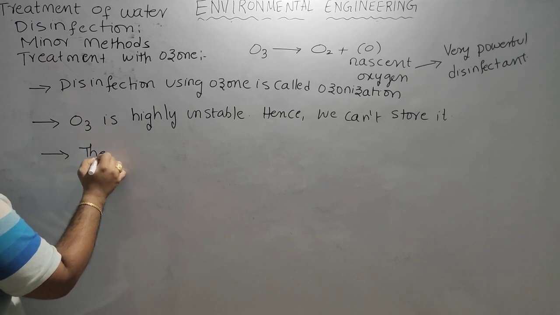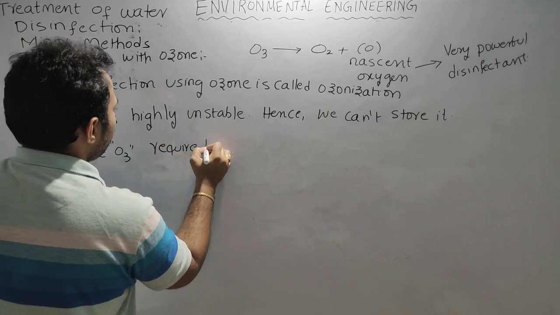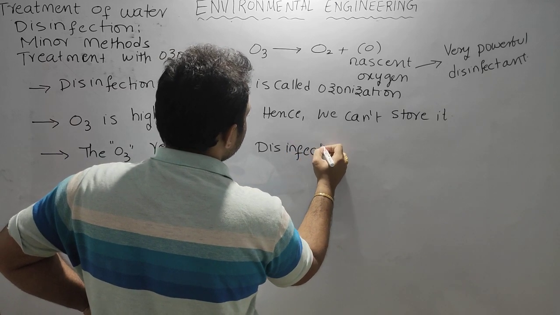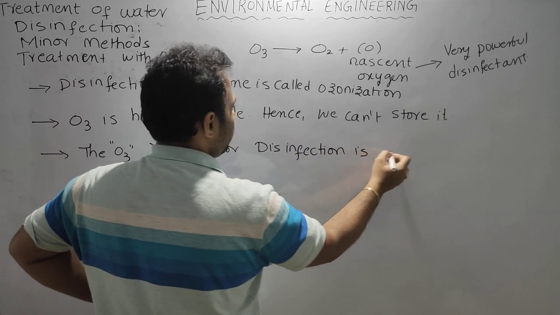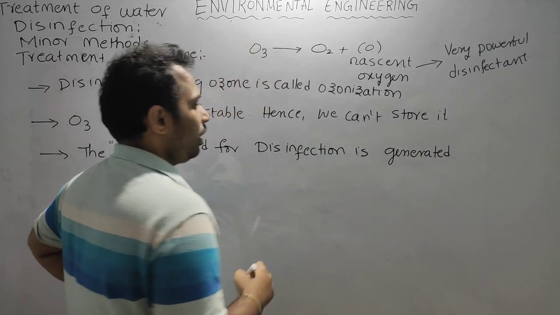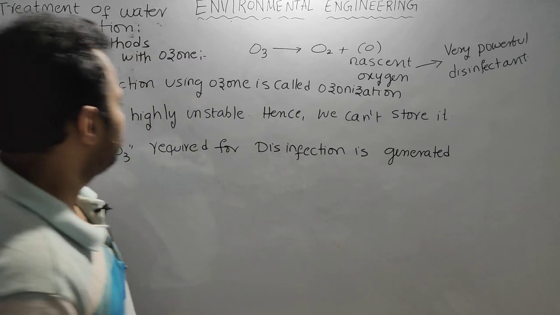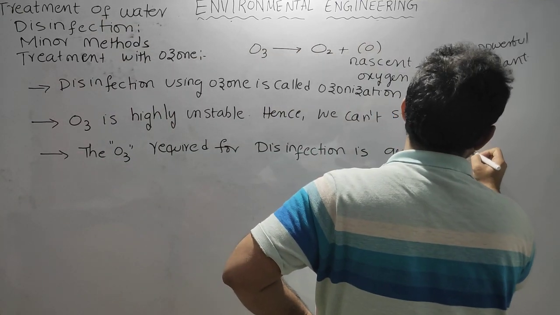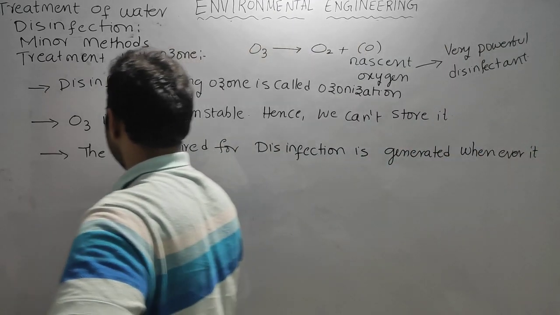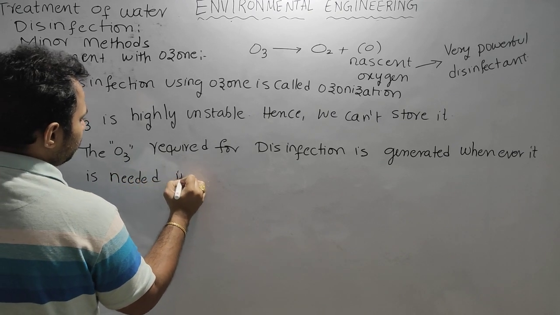So the O3 required for disinfection is generated at the spot, whenever it is needed, in ozone generators.